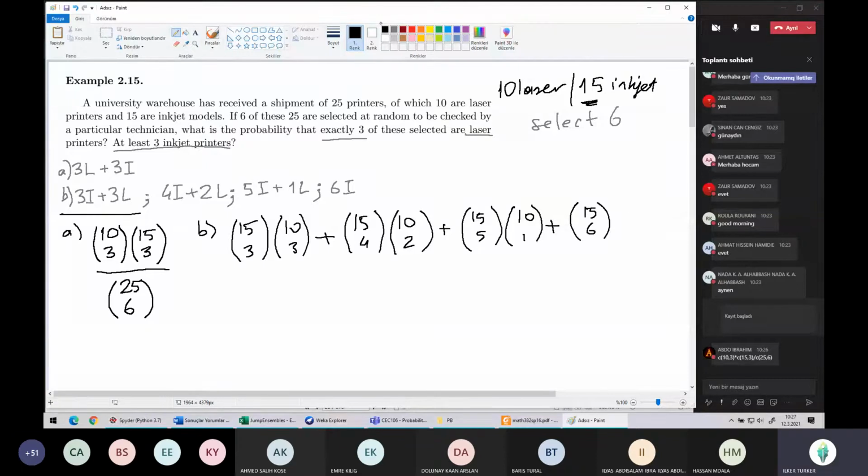I don't have to write 0 laser here, but if you write, it corresponds to what? 1. So it doesn't change our solution. Over, what is the common denominator? It is the same, 25 combination 6.